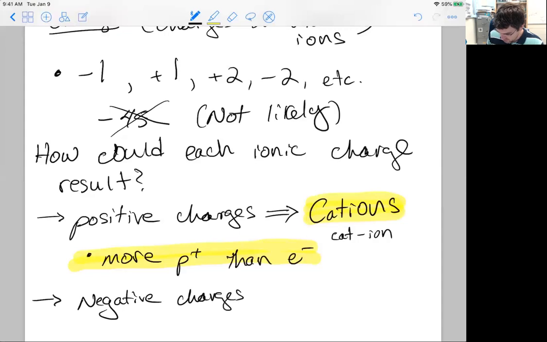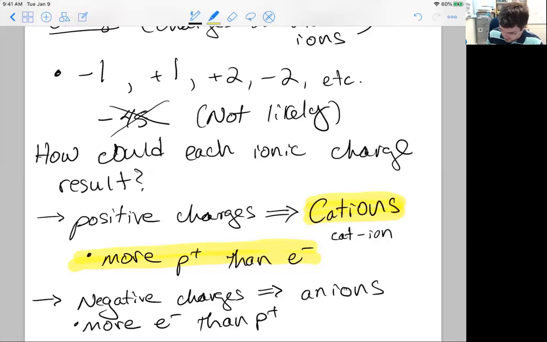Negative charges result when there are more electrons than protons. Here it's the opposite. We've shifted the balance so that we have more electrons, more of these negatively charged particles in our atom. And as a result, the overall atomic charge is going to be negative. We call negatively charged ions anions.